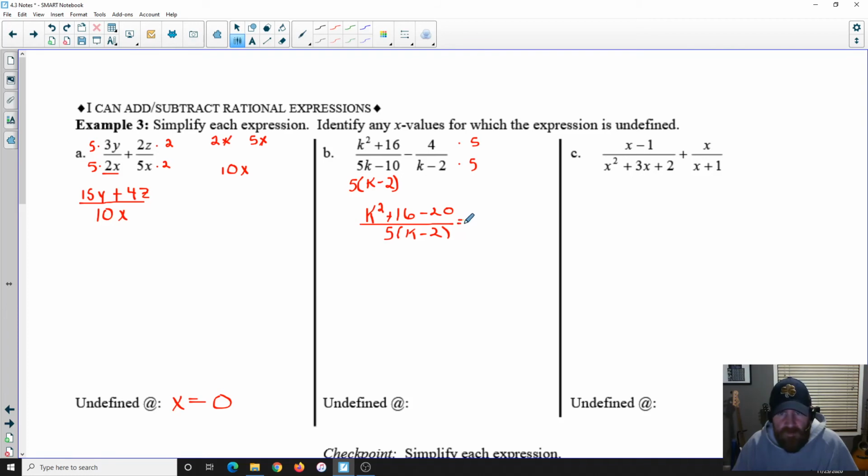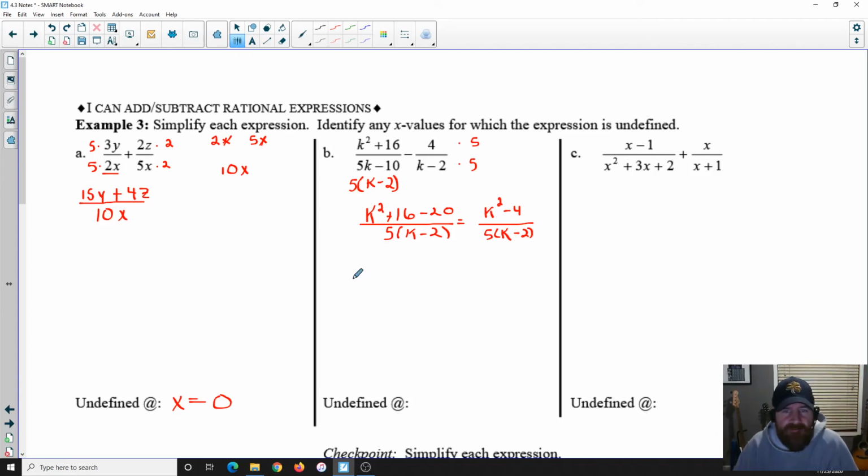Okay, so when we put these together, we get k squared minus 4 all over 5 times k minus 2. And then we have to be really careful here. Anytime we combine fractions at the end, we have to look to see if we can simplify any further.